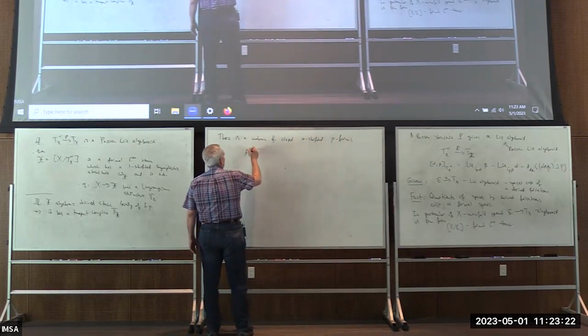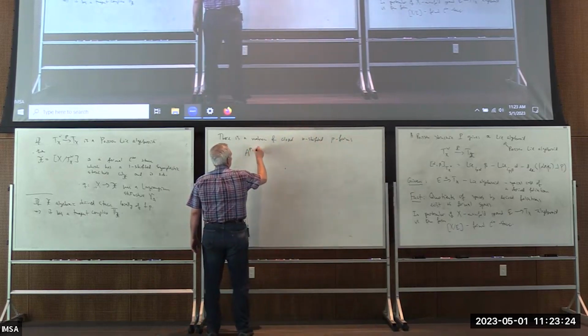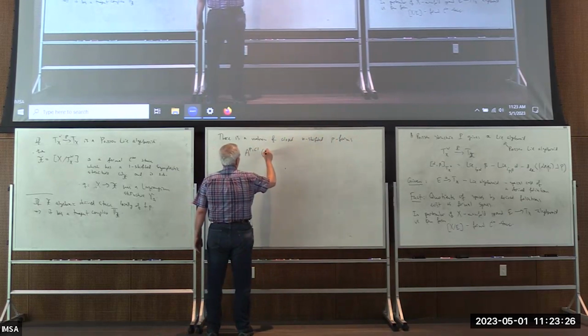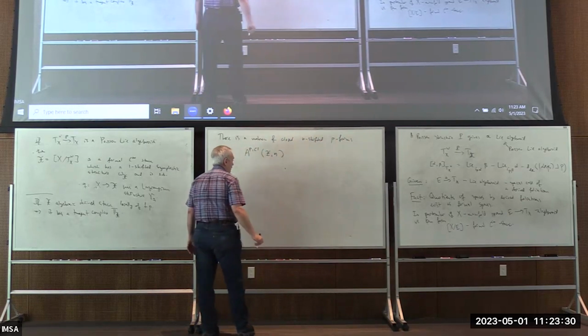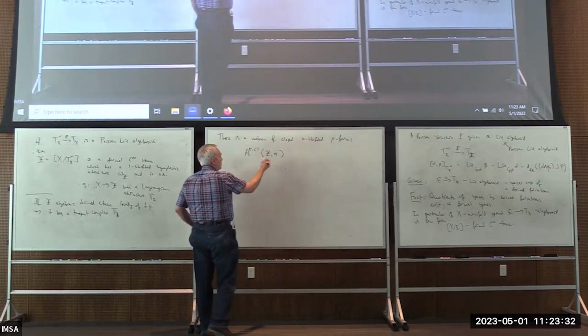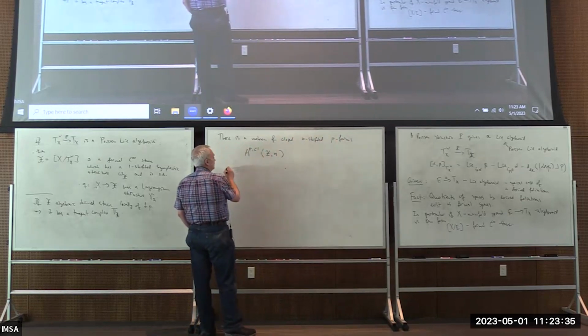So there are closed p-forms on X shifted by n. And the way you describe those is you say you take the cotangent complex.